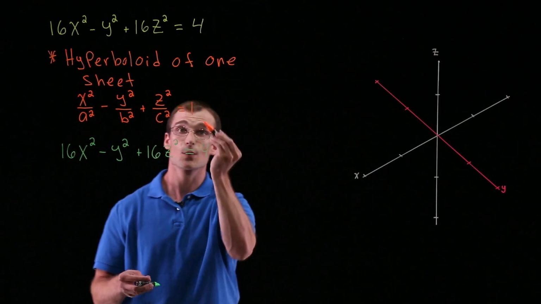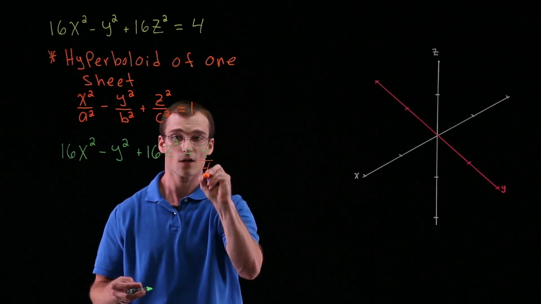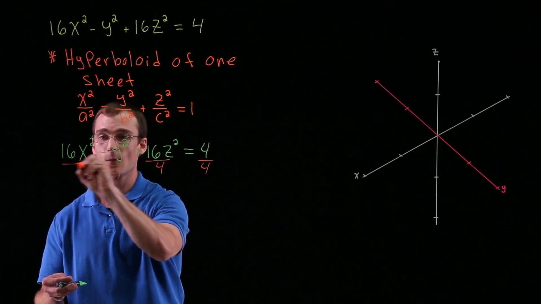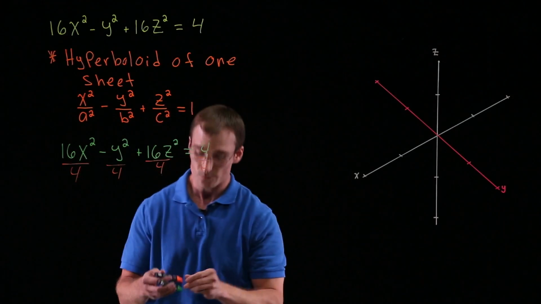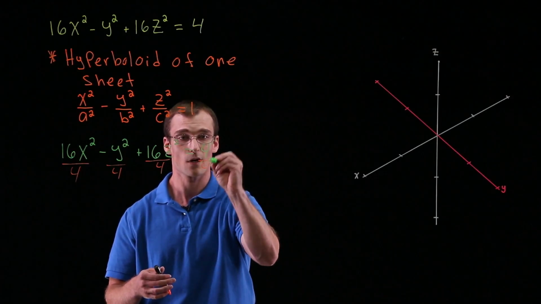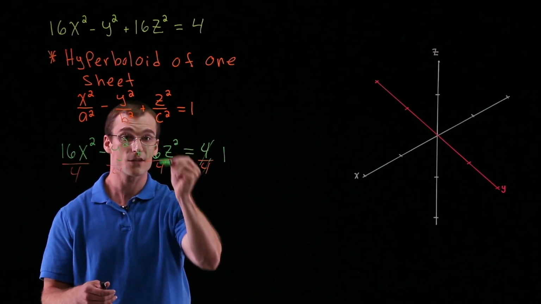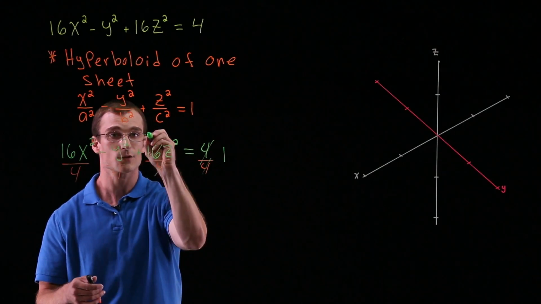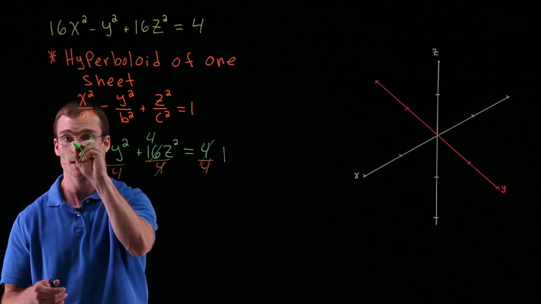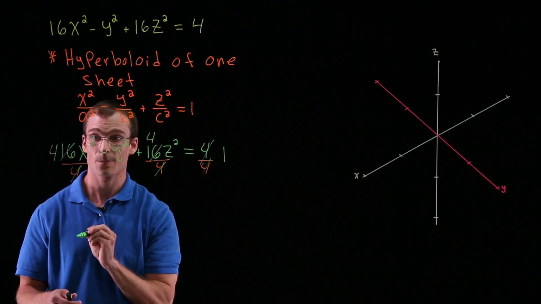For starters, we see we need a 1 on the right-hand side, so we can get that if we divide all the way through by 4. On our right-hand side, 4 over 4 will give us 1. 16 over 4 gives us 4z squared. The 4 will stay on the bottom here, and 16 over 4 will give us 4x squared.